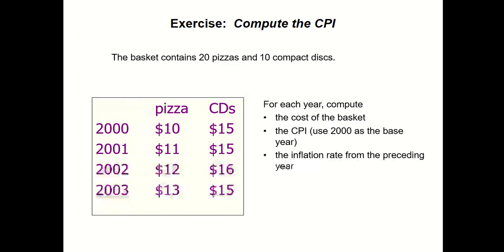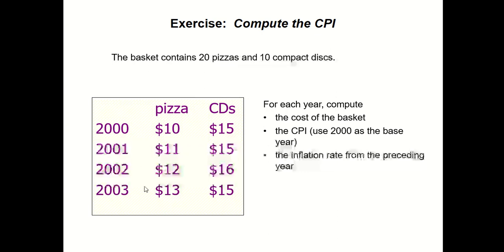So a table is given over here. For year 2000, the cost of pizza is $10, and CDs, it is $15. Then for 2001, the cost of pizza is $11, and for CDs it is $15 again.